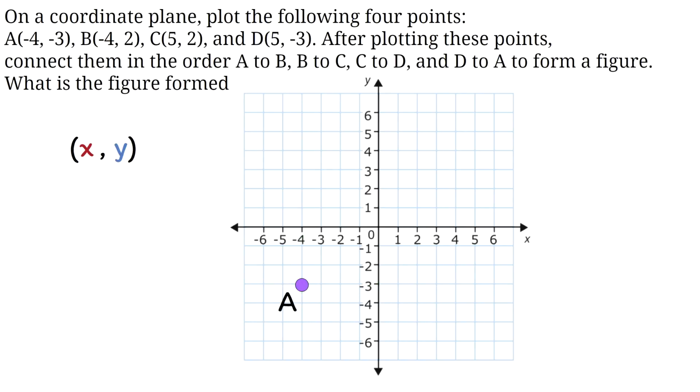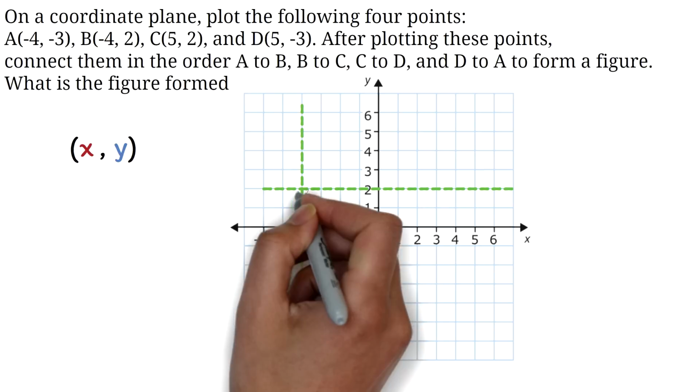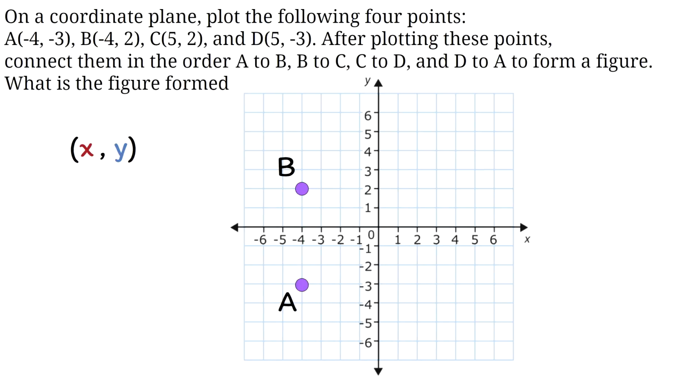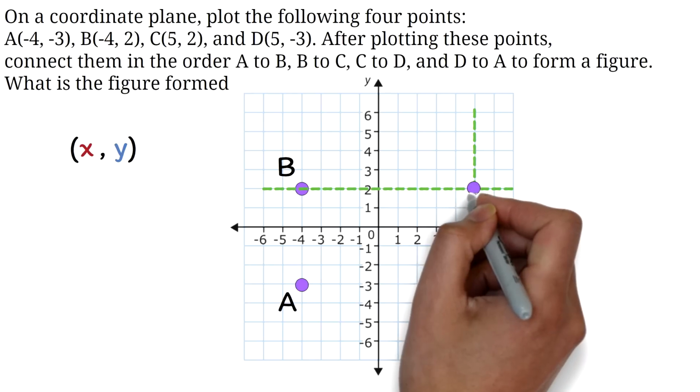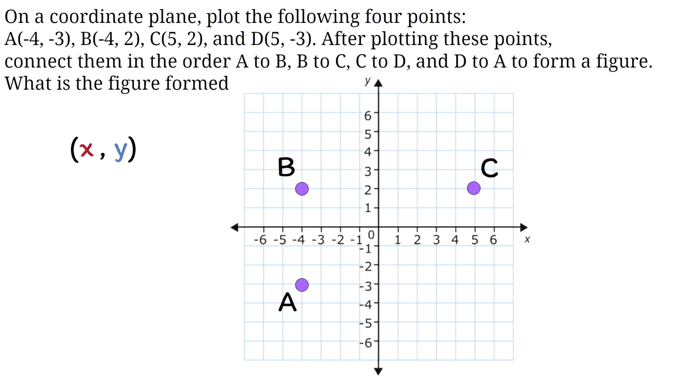For B, -4, 2, the x value is -4 and the y value is 2. So this is our point. For C, 5, 2, the x value is 5 and the y value is 2. So this is our point. And for D, 5, -3, the x value is 5 and the y value is -3. So this is our point.